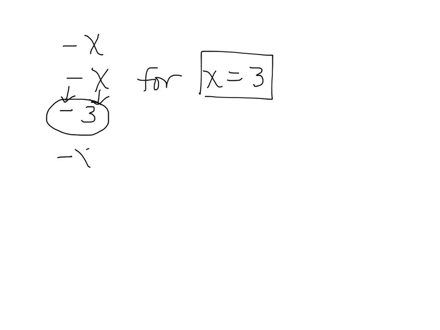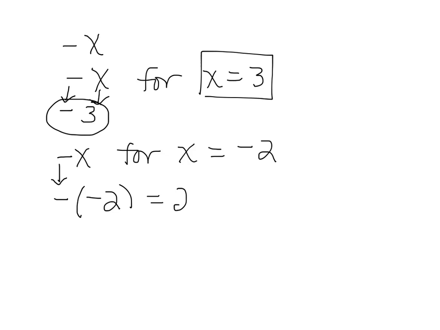However, the opposite of x for x equals -2, when I show replacement, I have to show the opposite sign, and x is -2. So the opposite of -2 is +2. The point here is that when you see a negative sign in front of a variable, it is not always a negative number.